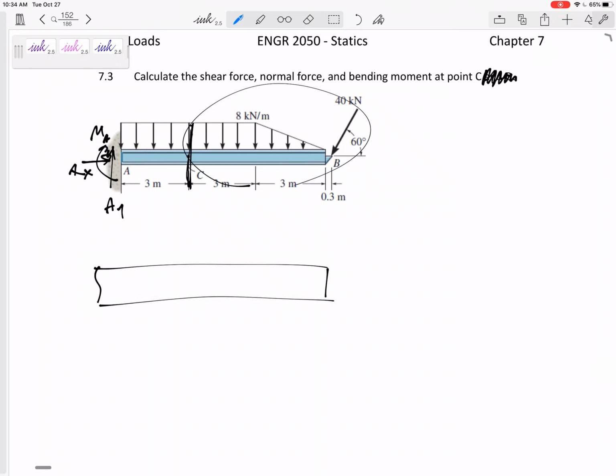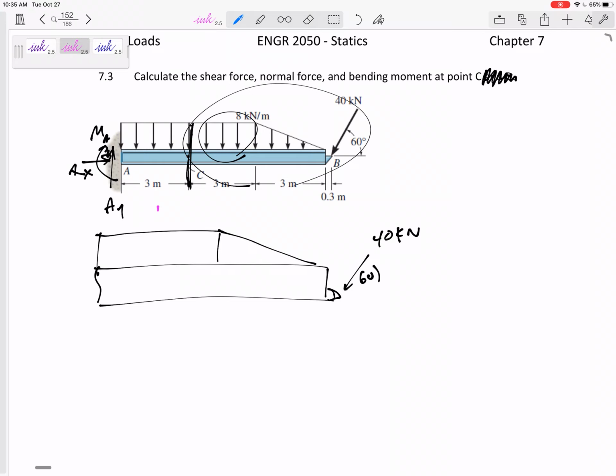So I've got, let me be careful there. This is kind of right here. 40 kilonewtons at 60 degrees. I have this rectangular and then triangular. Let me go ahead and replace this rectangular one with a 24 kilonewton, and this triangular one.